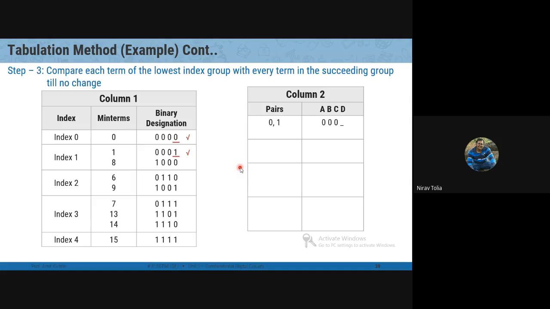So again there is a possibility of a pair of 0 and 8, and only the first bit is changing from 0 to 1. So for the bit which is changing, we have to put a dash there, and all the other three remain same.